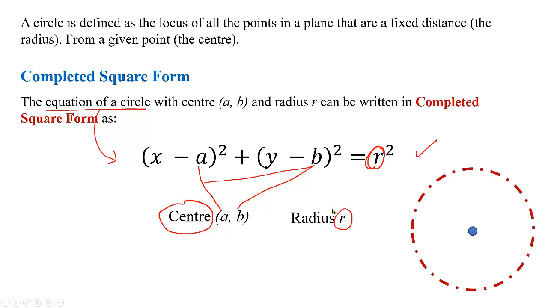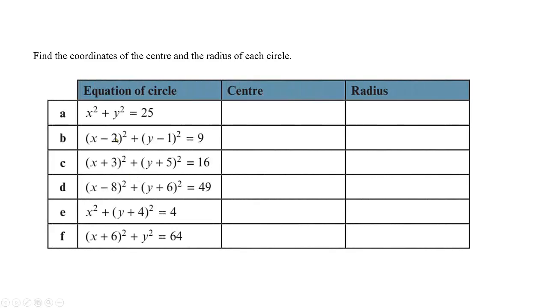Let's do some questions to understand how to use this equation of a circle. Now we have to find the coordinates of the center and the radius of each circle. These are the equations here. In this equation, you can see there are two squares, one is x square, the second is y square.